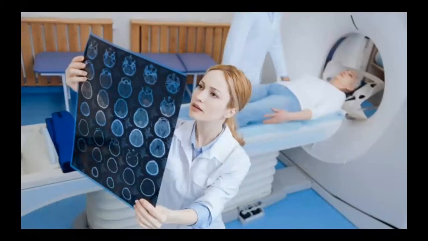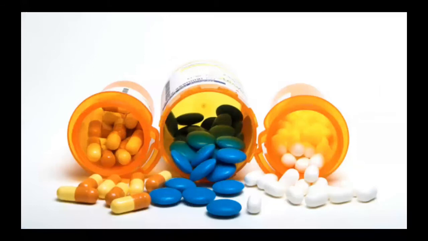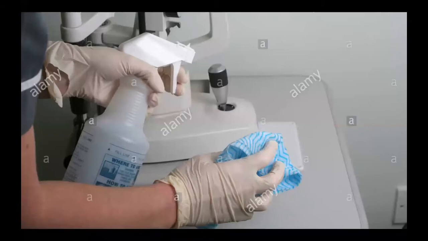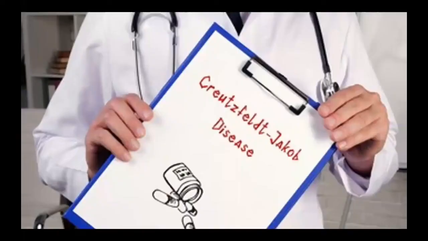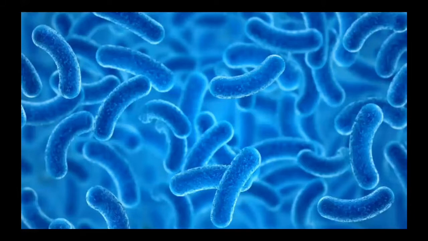There is no cure for prions, and medication only helps slow progression. In order to avoid contracting them, people should properly clean medical equipment and educate prion-infected individuals about helping stop the spread. One example of this type of disease is the CJD, which can cause hallucinations, confusion, dementia, and even death.